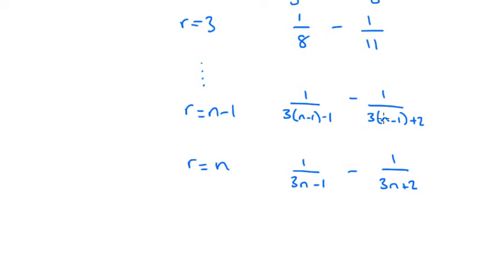These are actually the same. If you multiply the brackets out, you get 3n minus 3 plus 2, which is 3n minus 1. So they're going to cancel as well.